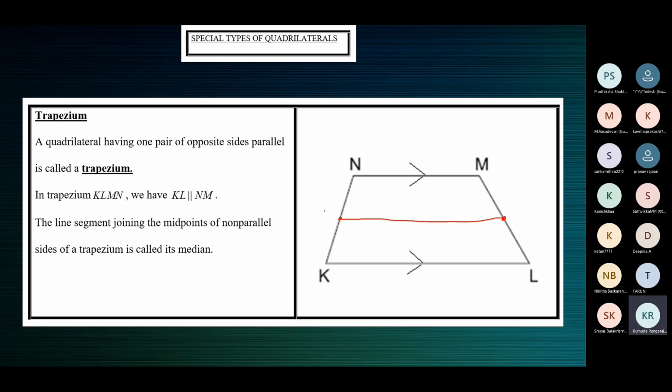So if we call this P and Q, then PQ is the median. P is the midpoint of NK. Q is the midpoint of ML. P and Q are the midpoints of the non-parallel sides of the trapezium. Then the line segment PQ is the median of the trapezium.